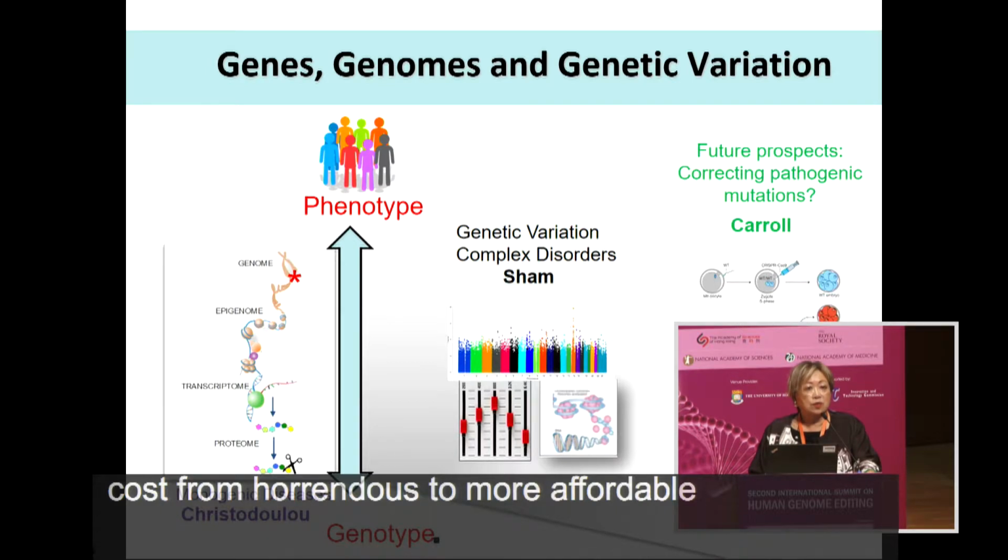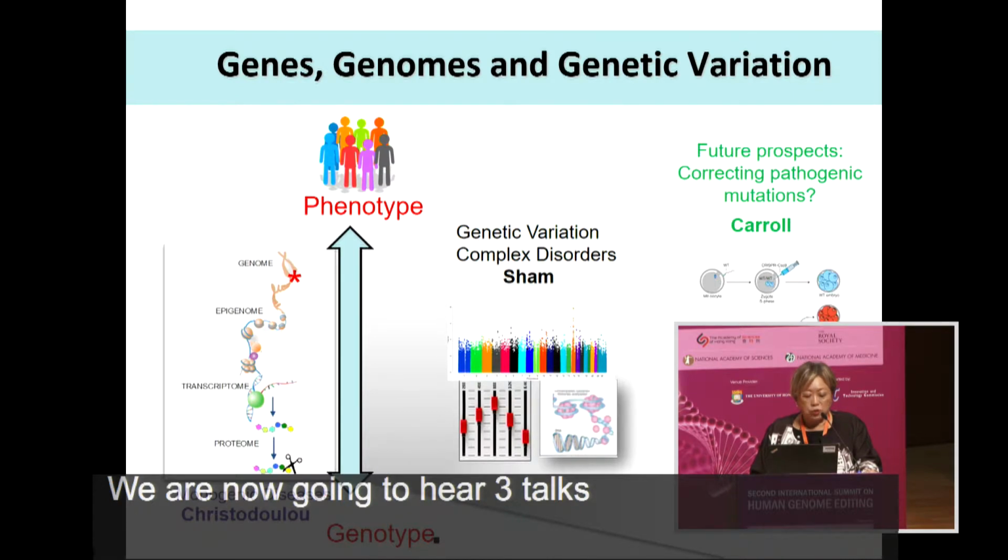So in this session, genes, genomes, and genetic variation, we are going to hear 3 talks that set the stage for a discussion afterwards, starting from monogenic disorders with John Christodoulou from Melbourne Children's Medical Research Institute, and then moving on to understanding the challenges of identifying the contribution of genetic variation in complex disorders from Professor Pak Sham from the University of Hong Kong.